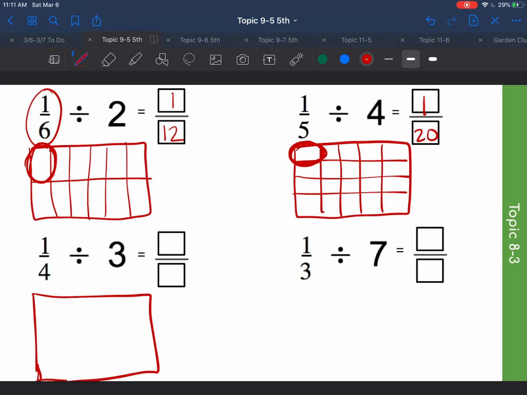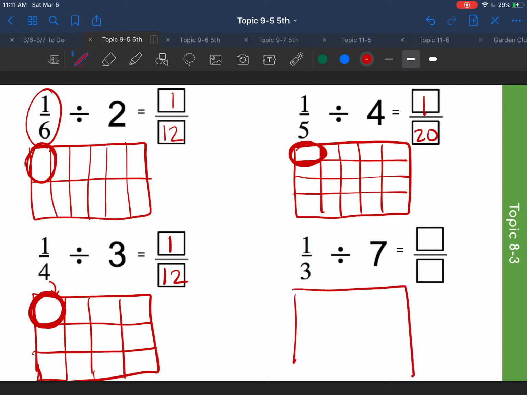How many sections am I going to break up the whole into? I'm going to break it up into fourths to represent 1/4. And then that 1/4 is being divided by 3. So 3 equal sections horizontally. So one of those sections out of the original fourth from the original whole is 1 out of 12.